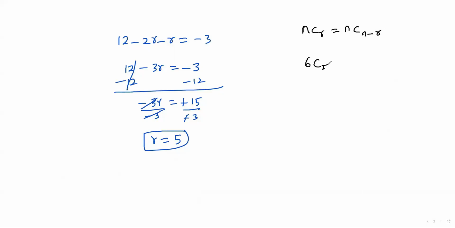So 6C5 can be written as 6C(6 minus 5), which is 6C1. Whenever we get 1 in this combination, the value of such a combination is the n we have here. So 6C1 is equal to 6. Finally, the value of 6C5 is just 6.